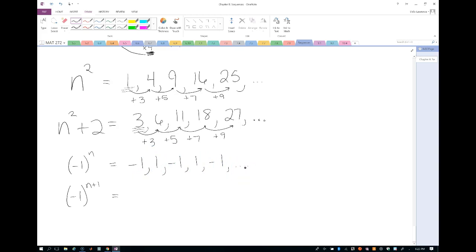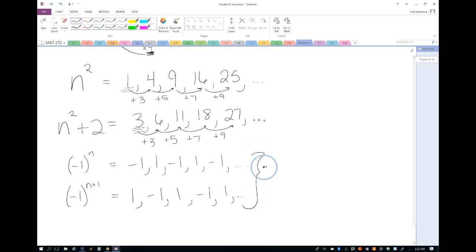If you start with n equals 1 on the second one, we really start with an exponent of 2, and that's going to start us off positive. So both of these expressions represent an alternating sequence, but we could adjust and use either n or n plus 1 depending on if we want our first term to start off positive or negative.